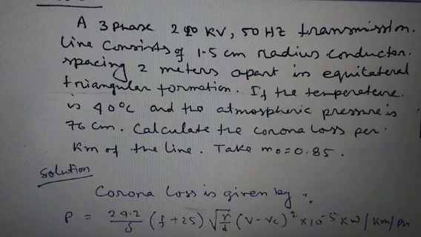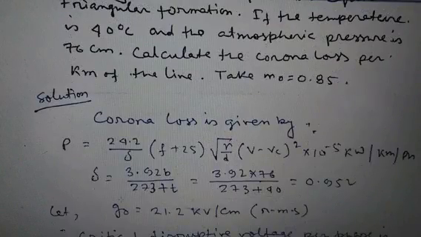Take m0 equals 8.5. Now this is the solution. Corona loss is given by P equals 241 divided by delta into (f plus 25) into root over of r by d into (V minus Vc) square into 10 to the power minus 5 kilowatt per kilometer per phase.